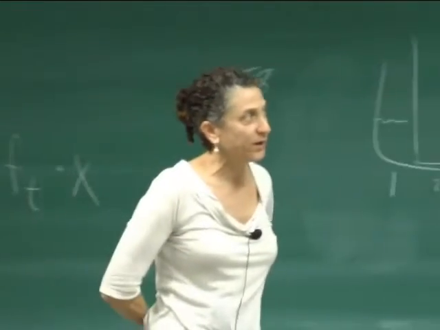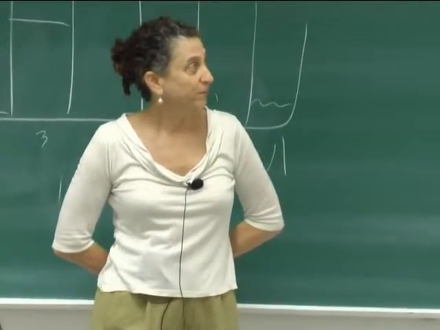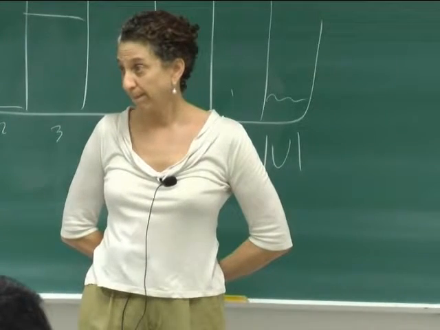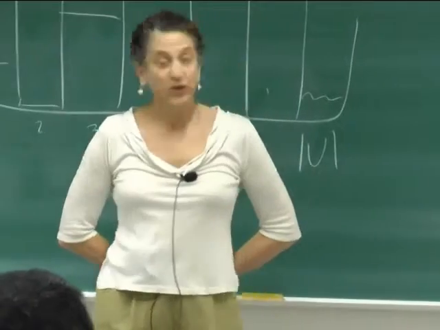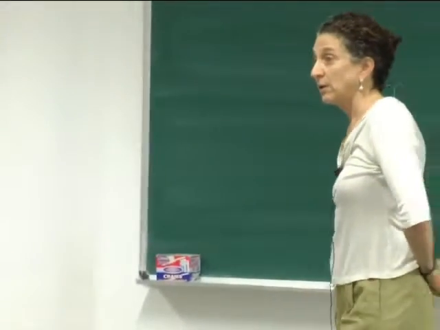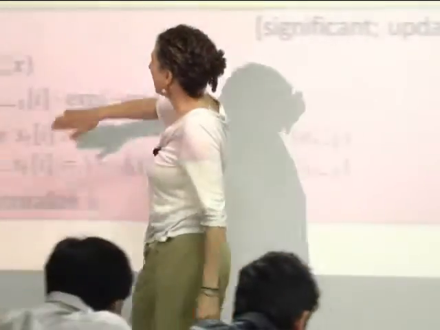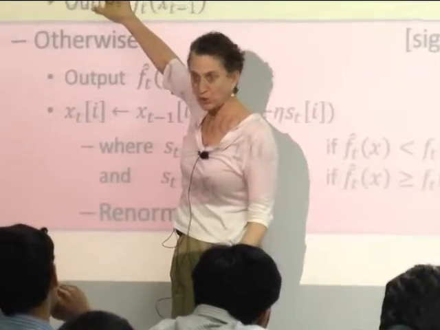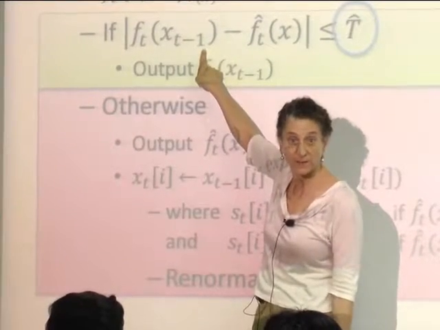When you're given a query, ft, you compute a noisy version. We'll call that ft hat of x. All right? And we'll check: is this guy the estimate that anybody could do using the publicly available x sub t minus 1?